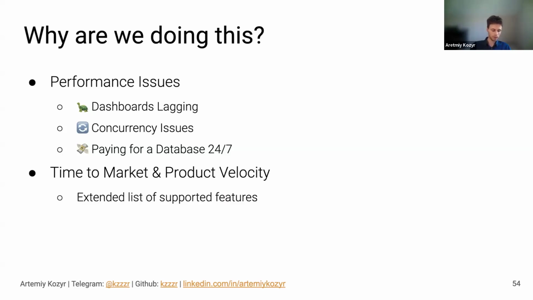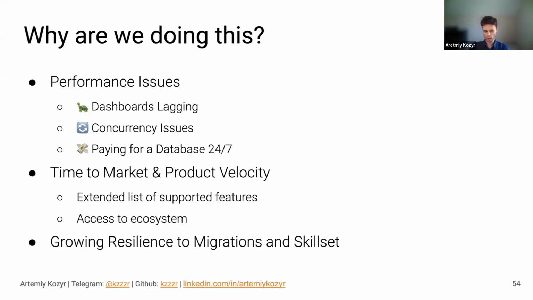Like, I needed a list of complicated features supported, like semi-structured data, hexagons, H3 libraries, geospatial data, etc. And then I would want access to an ecosystem, like data sharing, like buying data sets from providers, and easily integrating and using them.